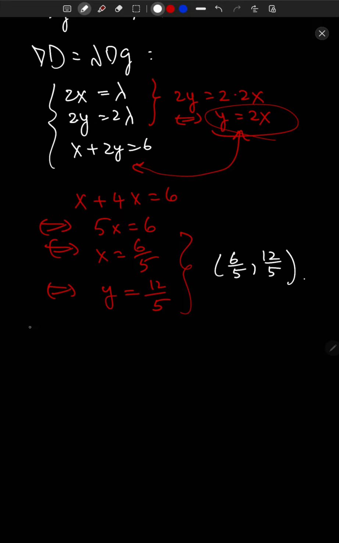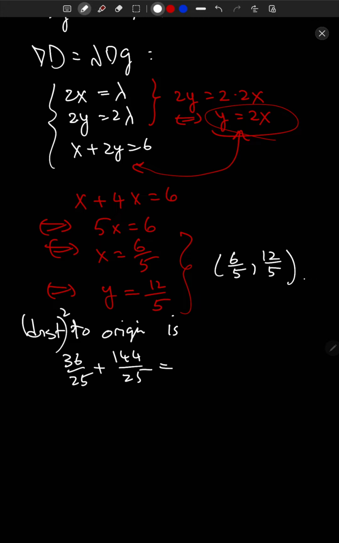Okay, distance to origin, or distance squared, let's say, is 36 over 25 plus 144 over 25, which is 180 over 25, right? That's definitely bigger than 1.